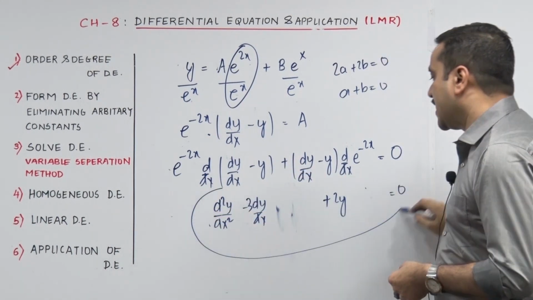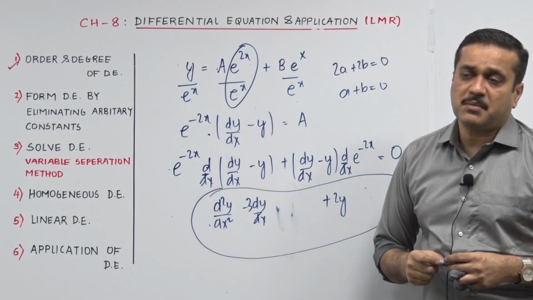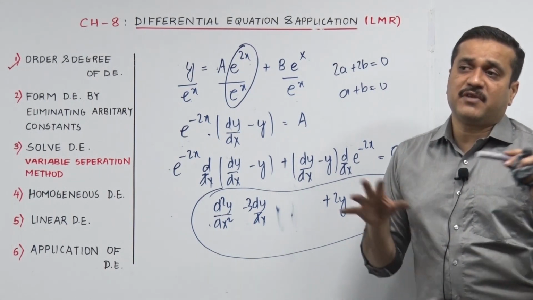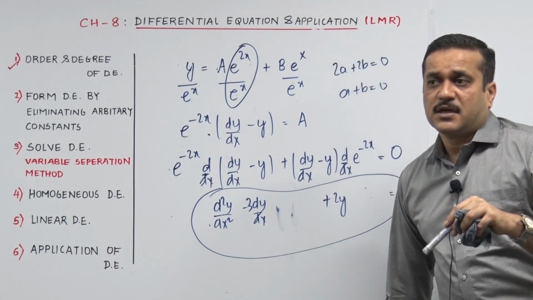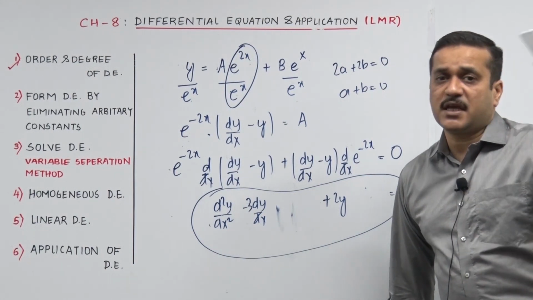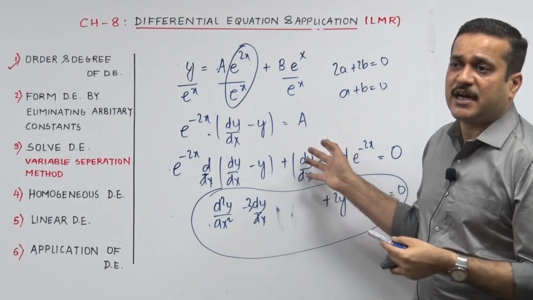Now that's my differential equation which is free of arbitrary constants a and b, but we did it in style. Now we also got one very important thing over here. If the e raised to powers are of the same magnitude but opposite sign, we need not go through this kind of stuff.